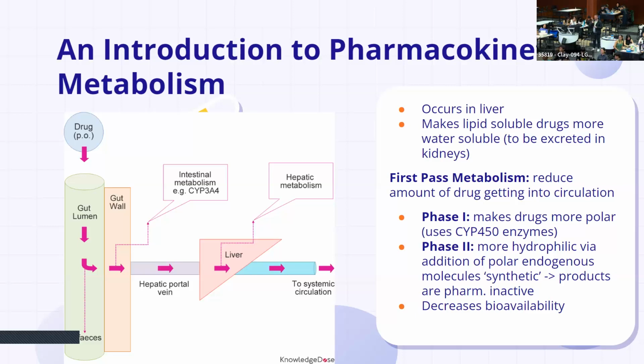Phase one makes the drug more polar, and that uses the CYP450 enzymes, the cytochrome P450 enzymes. Phase two makes it more hydrophilic, so it will add a synthetic hydrophilic substance, like a glucose, to a drug, and that will enable it to be excreted.